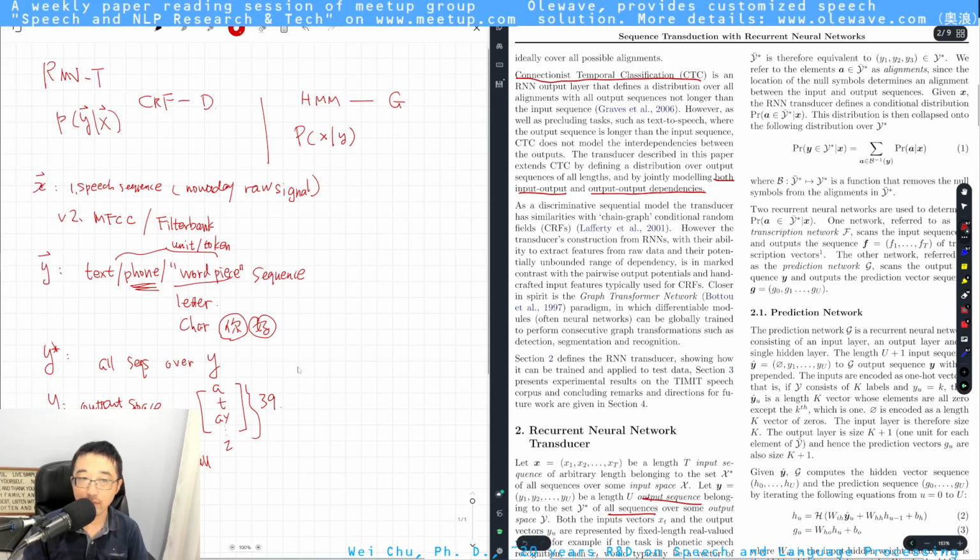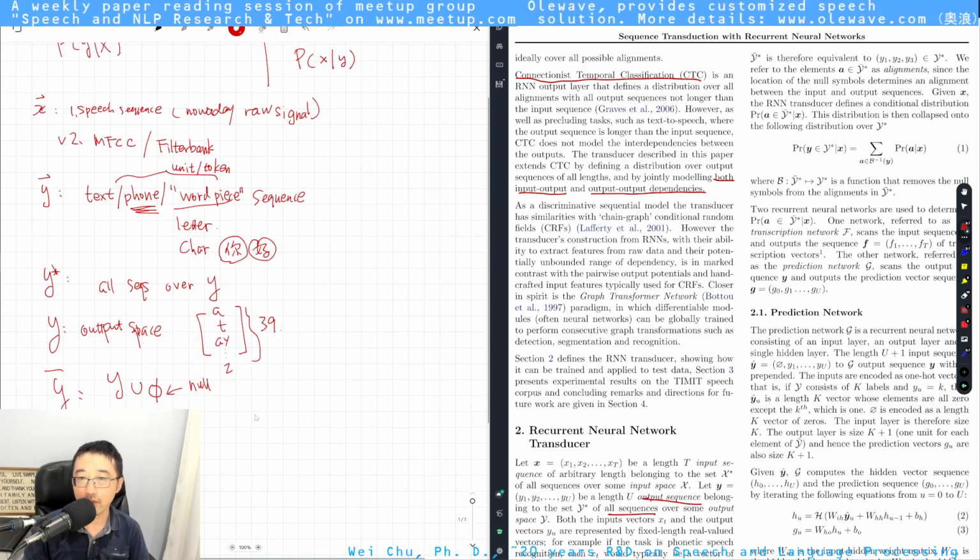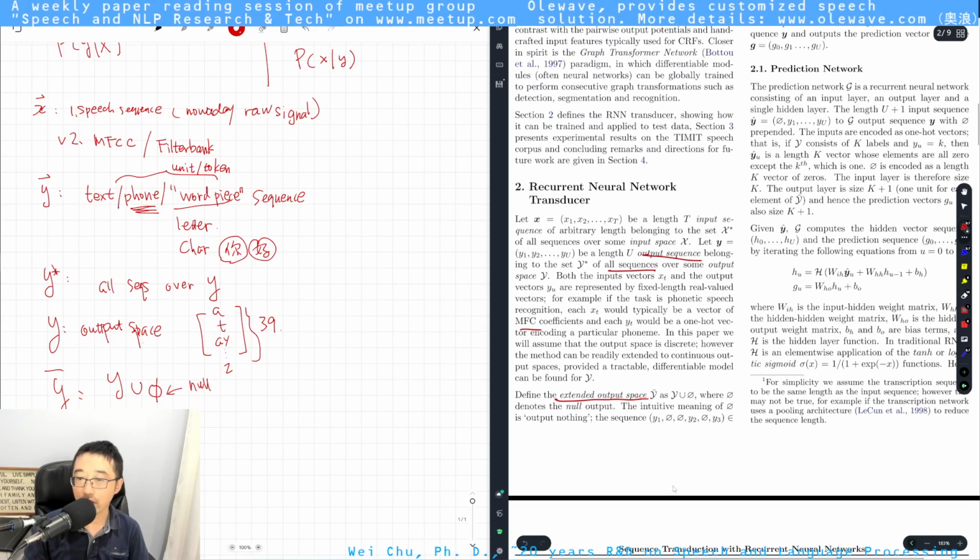The answer is no, because he's just using this for the forward and backward algorithm. We will see in the following description.